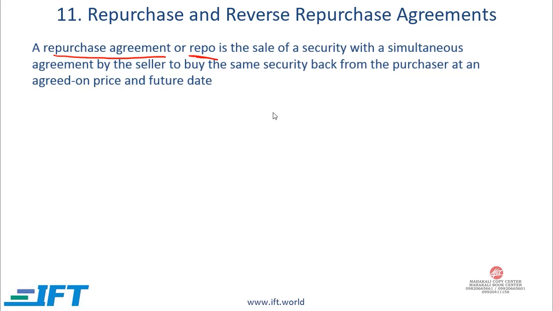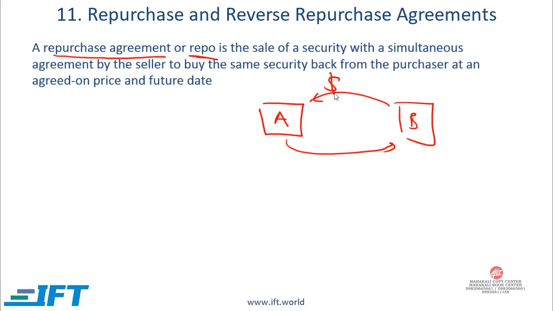So if we have two parties, A and B, what A might say is that I will sell you a T-bill today for $99.50, which means that A is giving B the T-bill, which is collateral, and B is giving cash, let's say $99.50. And then A says that tomorrow I will buy that T-bill back from you at $99.51.